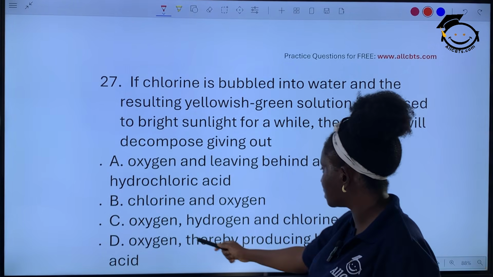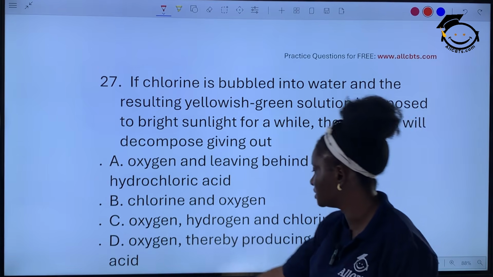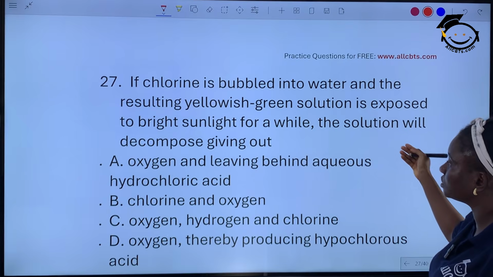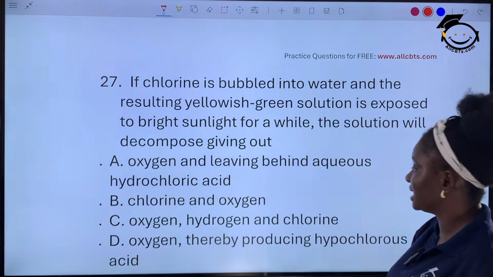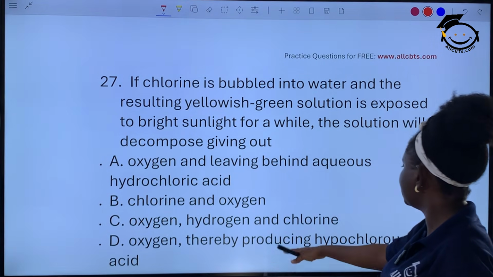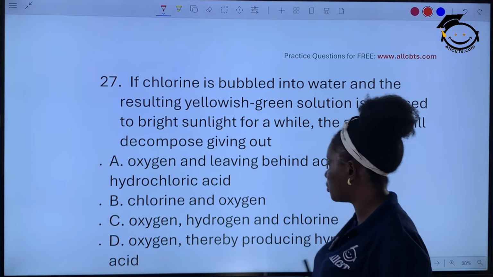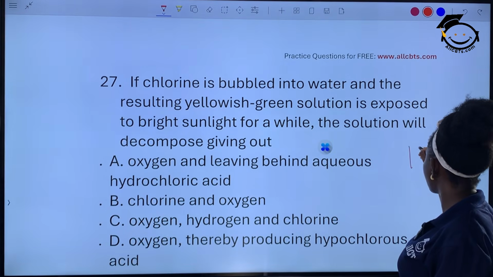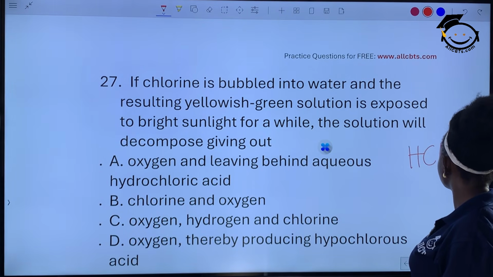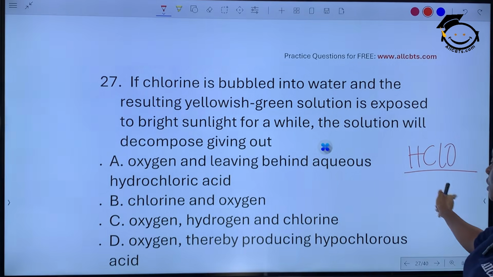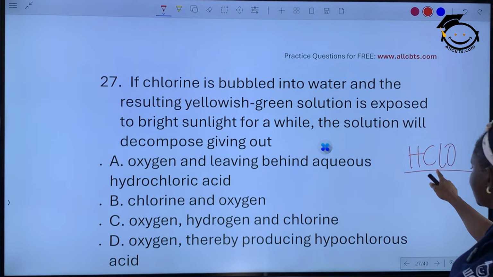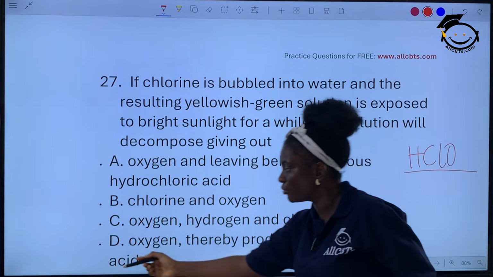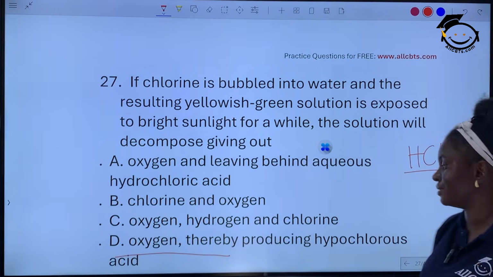From the options here, option D is the correct answer. So the solution will decompose by giving out oxygen, thereby producing hypochlorous acid. That's hypochlorous. So that is what will happen. Option D is the correct answer.